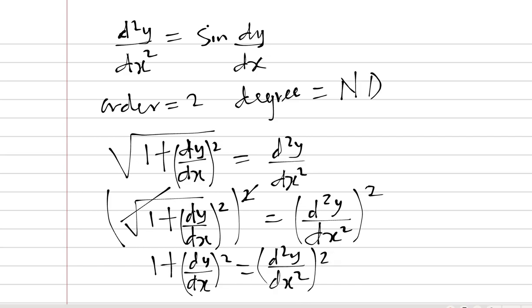So from here, you can see the order and the degree yourself. The order is 2, and the degree is also 2, because that's the power of the highest order. So that is what we said you should do.